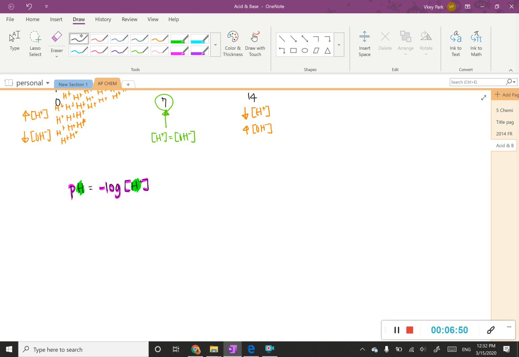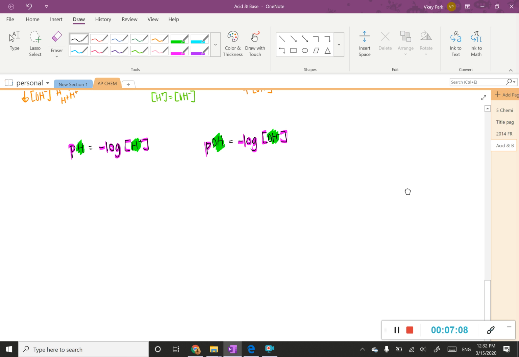What about pOH? Same idea. pOH is the negative log of the concentration of OH minus. Again, that P stands for negative log, and whatever comes after the P goes inside those brackets. Easy peasy?